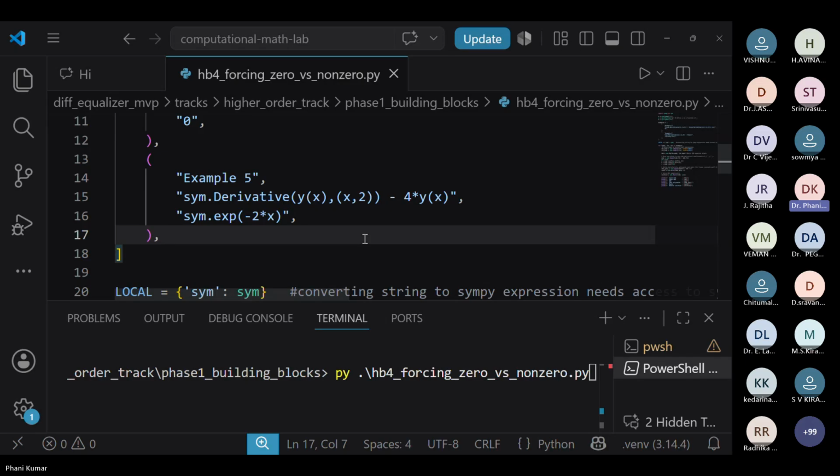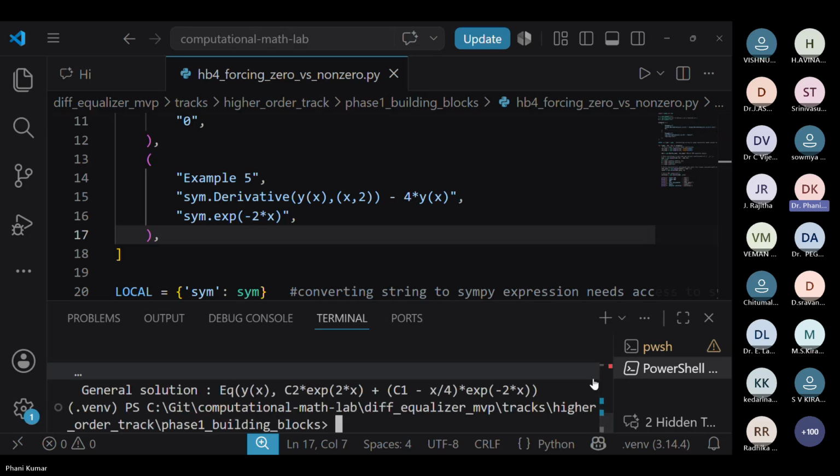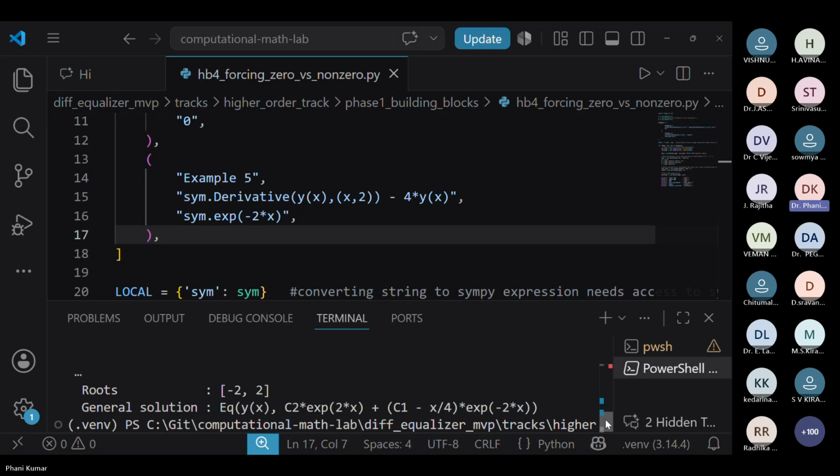D square y by dx square minus 4y is equal to e power 2x. Now we are going to find the solution. This solution has two parts. One is the complementary part, another one is the particular part. So first we check the complementary part and then the particular part, right?